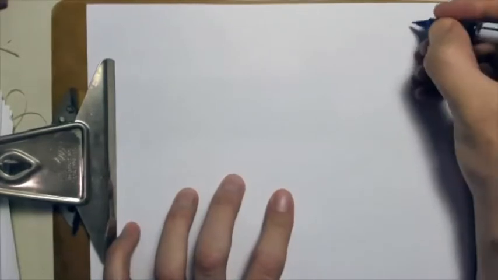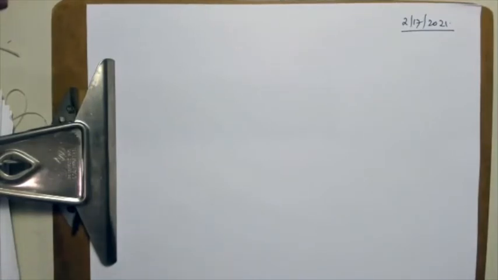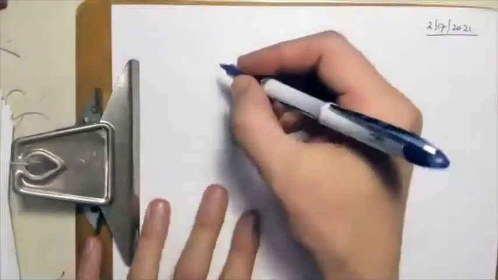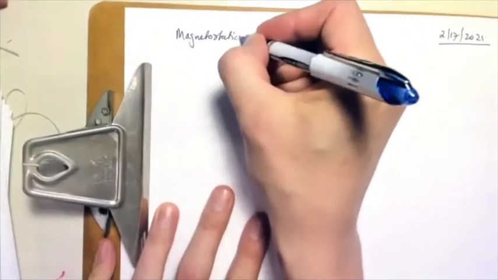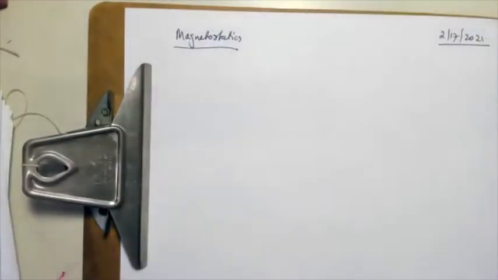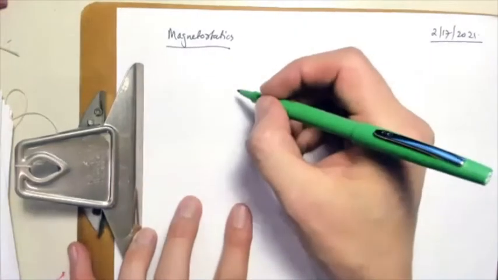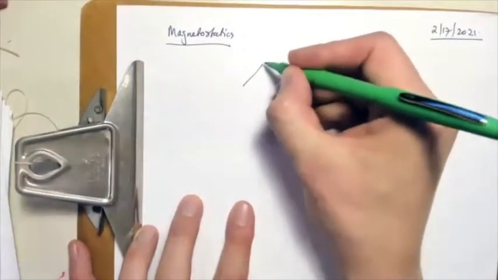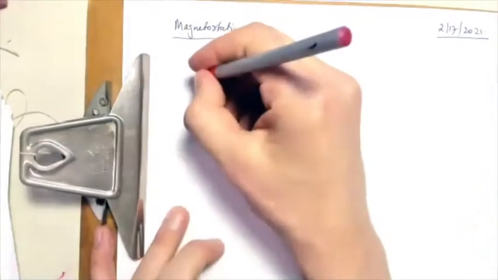All right, so we are talking about magnetostatics. So we'll start with the basic interaction between two magnetic dipoles. Magnetism, the dipole is the natural starting block. So we have one dipole here, and then we have another one here.